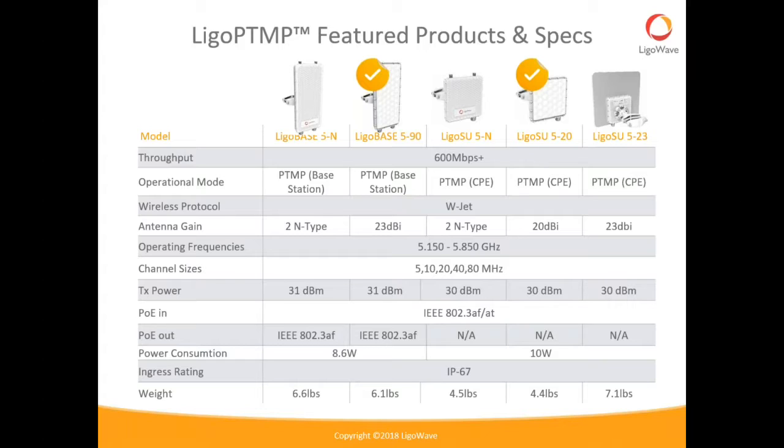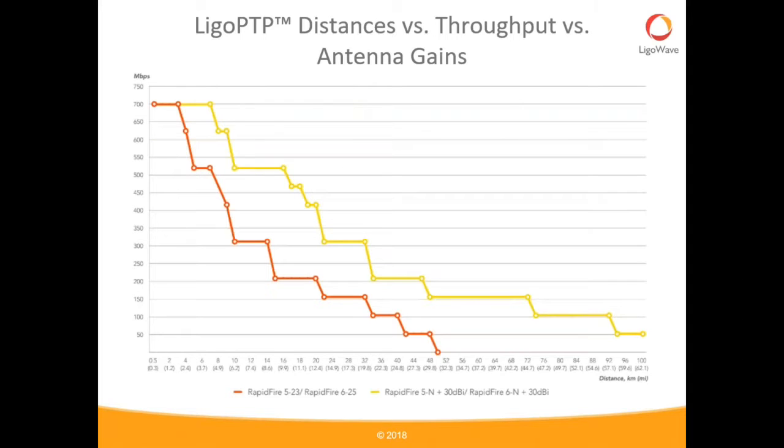If you need something higher, or you need to use omnidirectional antennas for some reason, you can go with our external antenna models. Now, all of these basically run the same software, and they're all configured the same way. So between the different subscriber modules, there's no difference in the software. The only difference is in the antenna that you're using.